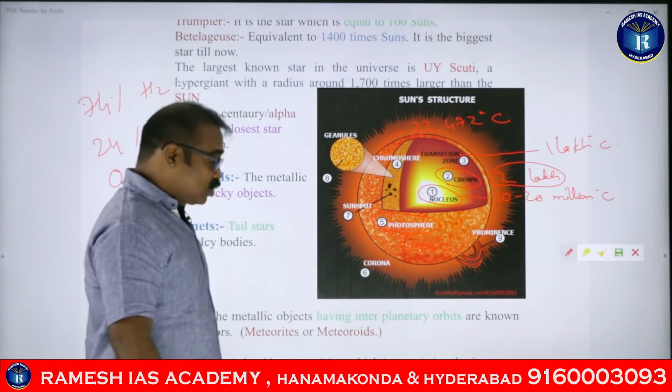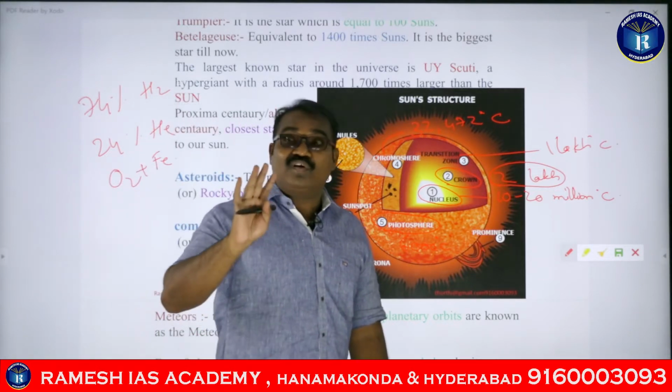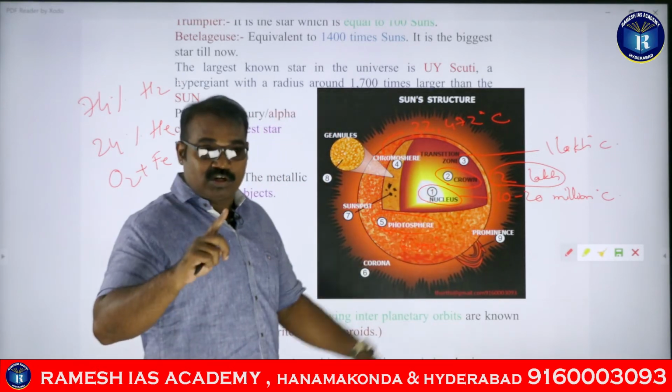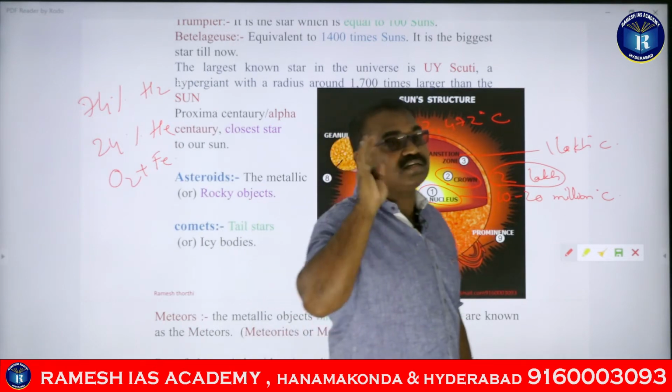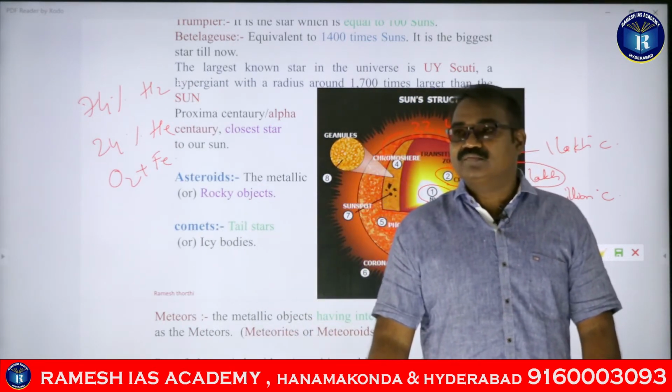Within the nucleus of the sun, 40 lakh tons of hydrogen is getting burned every second.